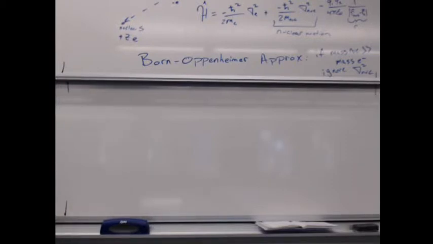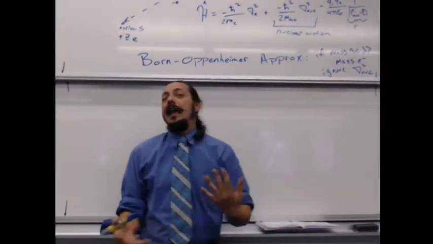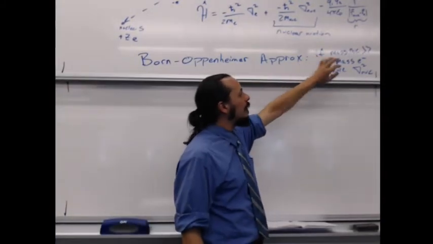Another one that is really common in Davis is if you imagine a cow walking with a bunch of flies around it, the flies are always in the same position relative to the cow, even though the cow's moving. So the fact that the cow's moving doesn't matter to the flies. In this sense, the nucleus would be the cow, and the electrons would be the flies just buzzing around. And it has to do with this difference in mass between the nucleus and the electron.